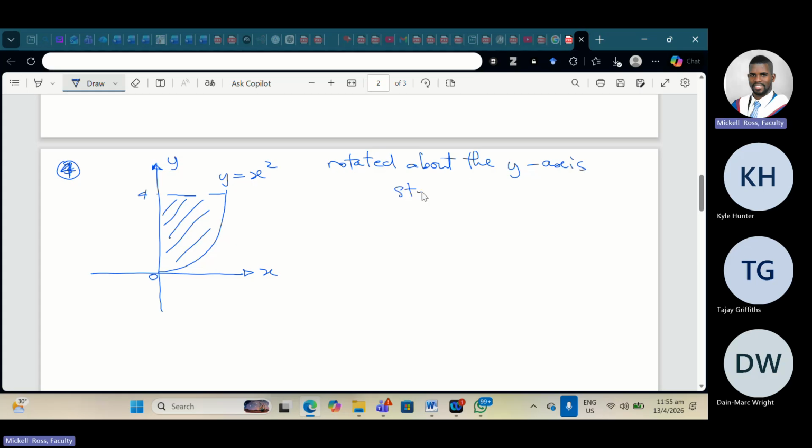So step 1, you're going to make x the subject.